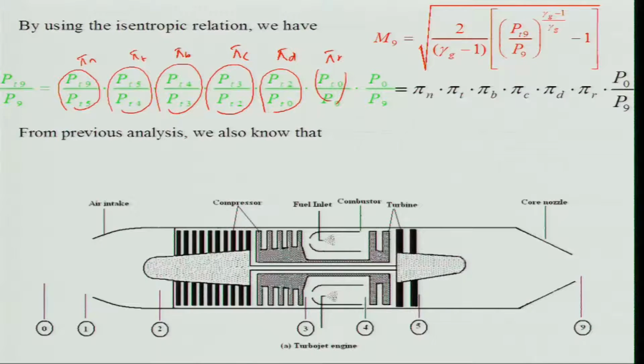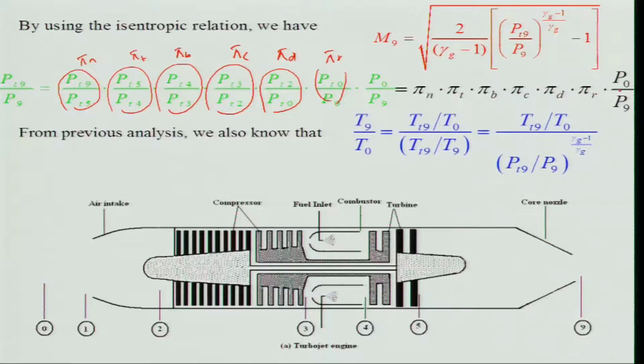From the previous analysis we know that T9 by T0 is T_t9 in the numerator and T_t9 by T9 in the denominator. T_t9 by T9 you can write as p_t9 by p9 to the power gamma_g minus 1 divided by gamma_g, and T_t9 we need to evaluate.